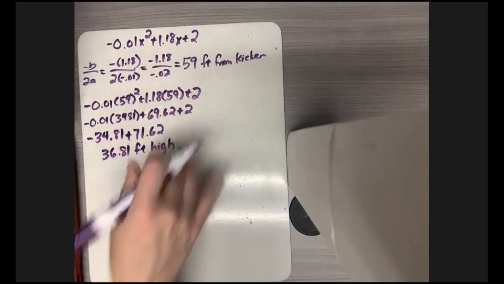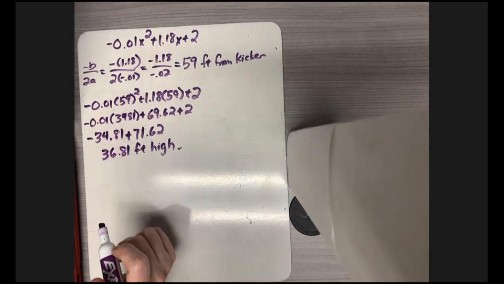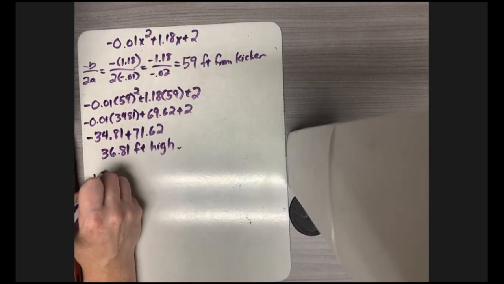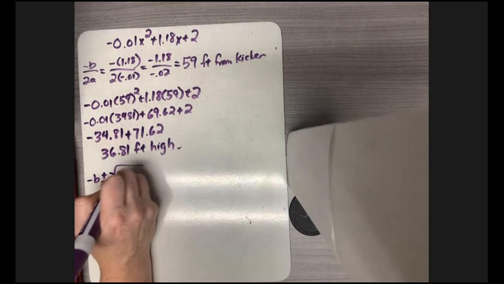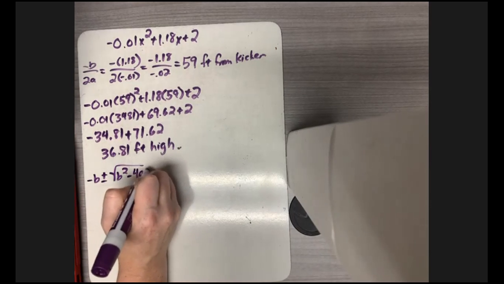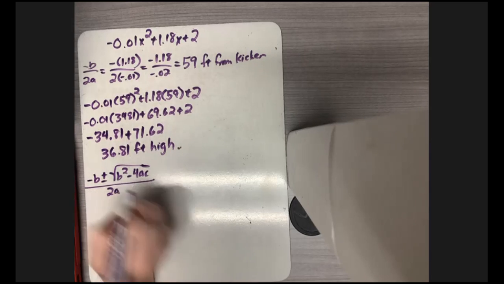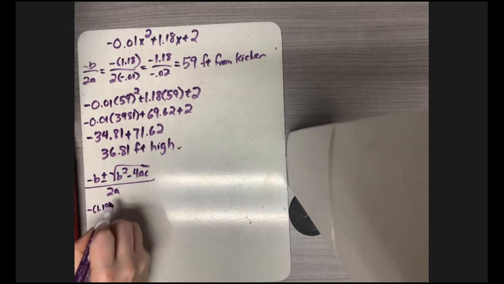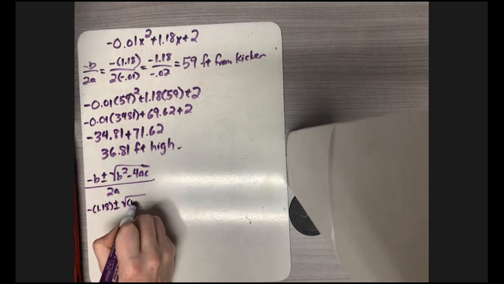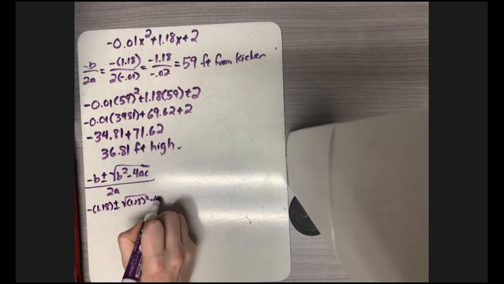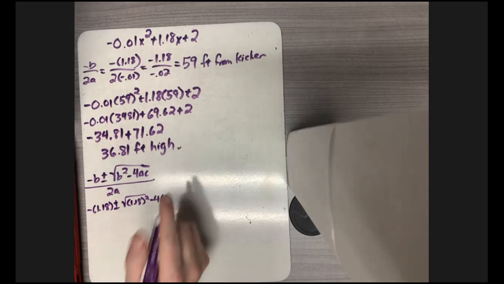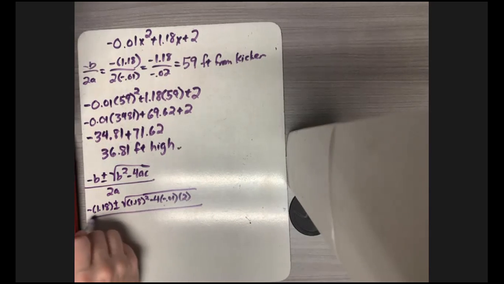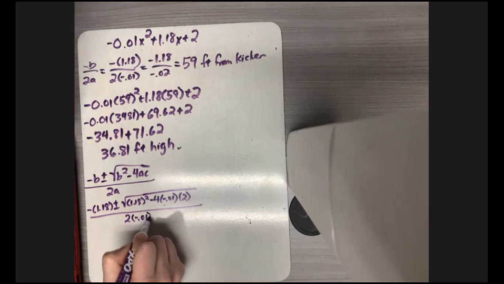That answer is part A. Now for part B, they wanted to know when it would hit the ground. So we're going to use our quadratic formula. Reminder: negative b plus or minus the square root of b squared minus 4ac, all over 2a. So we've got negative 1.18 plus or minus the square root of 1.18 squared minus 4 times negative 0.01 times 2, all over 2 times negative 0.01.